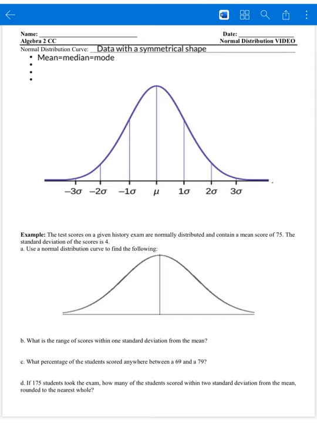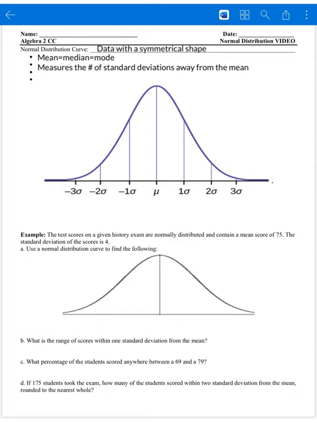Next, this is what we're really going to be talking about today. The normal curve measures the number of standard deviations away from the mean. Again, the mean is in the middle.